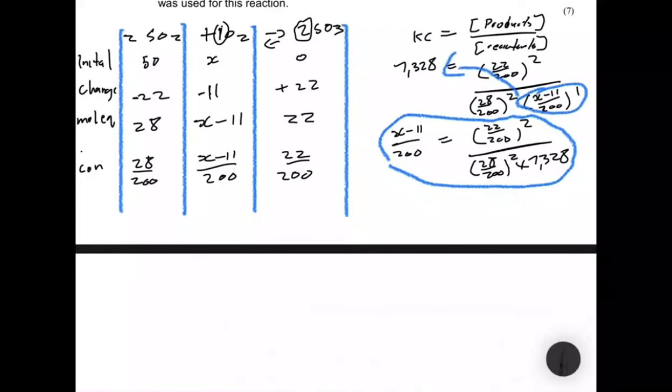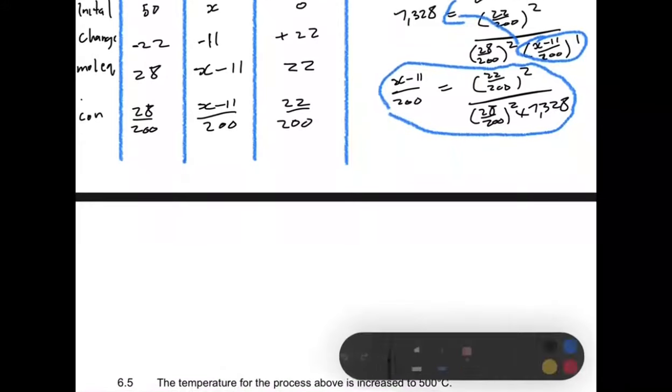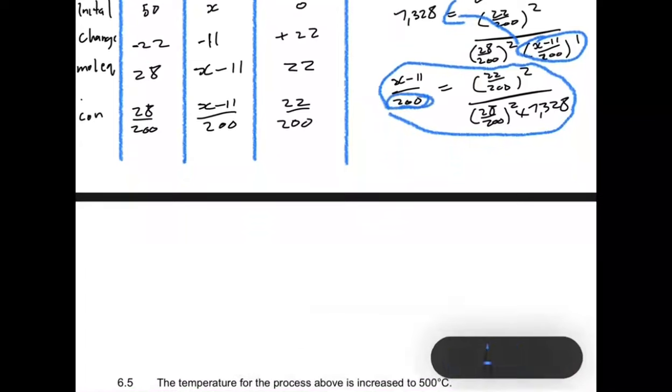It's true. And then from here, let's multiply both sides by 200 so that we can get rid of this 200 here, right?